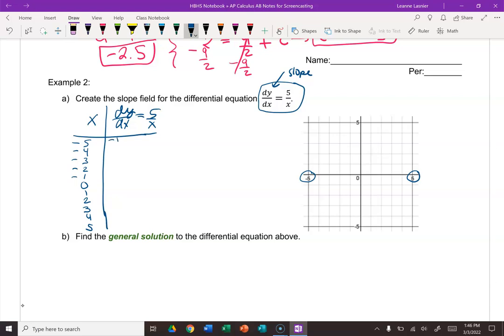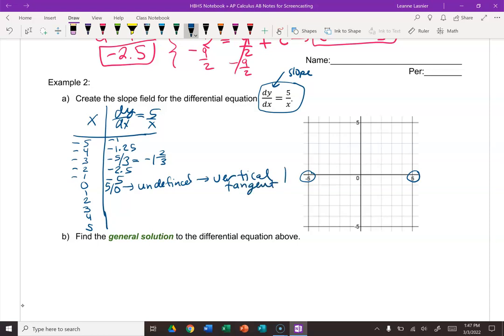So that would be -1 here, -1.25. This would be -5/3 or -1 2/3. This would be -2.5, -5. And then this would be 5 over 0, which we understand is undefined, but we can also understand that as a vertical tangent.